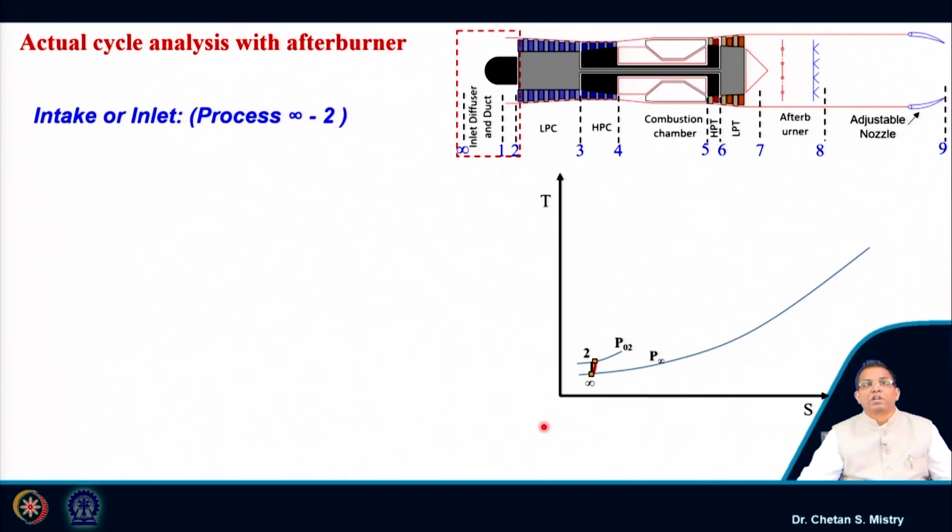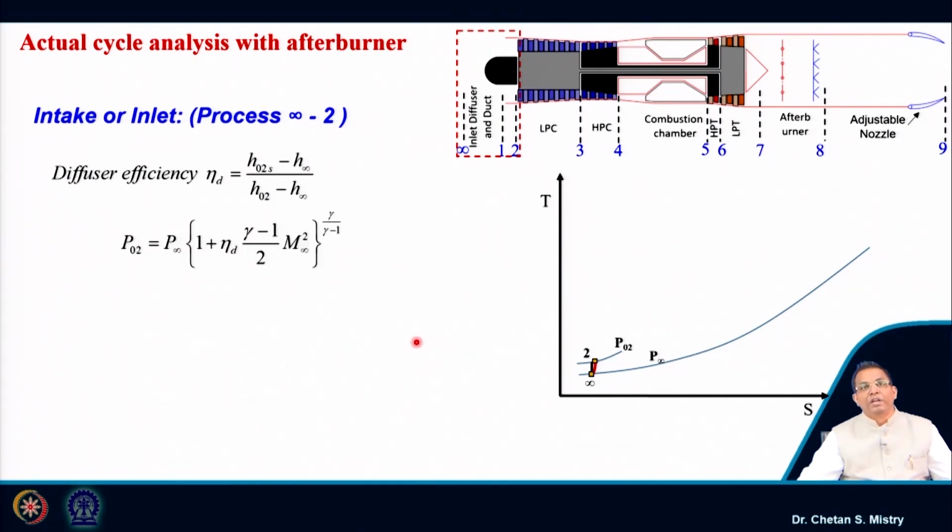The very first component is our intake or inlet. For that we know our diffuser efficiency, which correlates my isentropic work divided by my actual work. Here we have our exit pressure correlated in terms of diffuser efficiency.